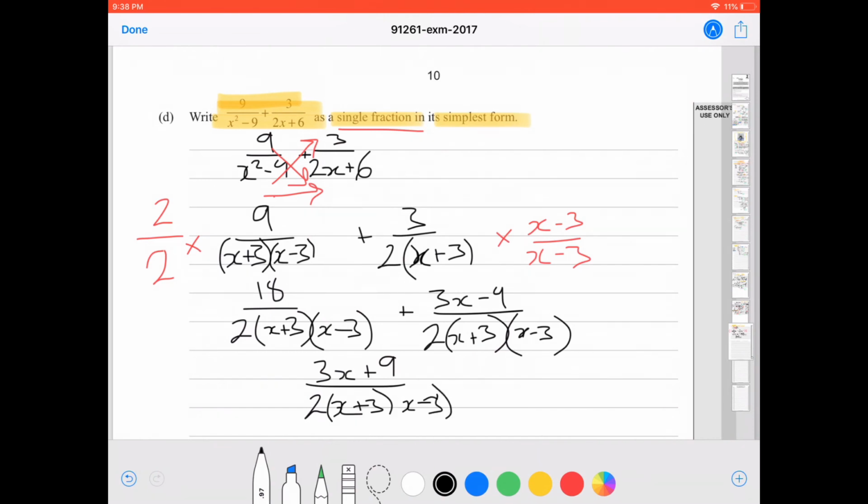Okay, now we're not completely done. We've got a common factor in here. We can factorize our numerator. We can say 3 and then x plus 3. That's our numerator, and our denominator remains unchanged for now.